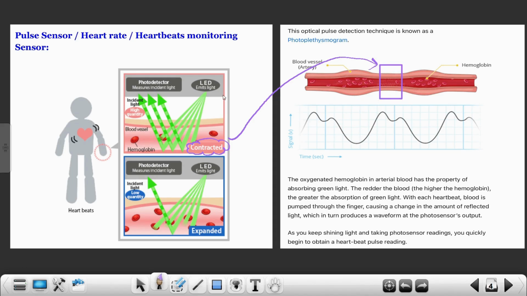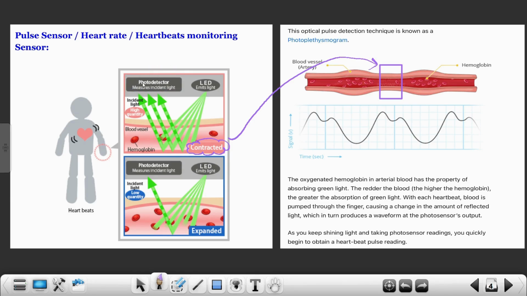During this time, the light being emitted by this LED will be incident on this blood. Since there are very few hemoglobin molecules, that means very little oxygen, the majority of the light will be reflected back and detected by this photo detector.